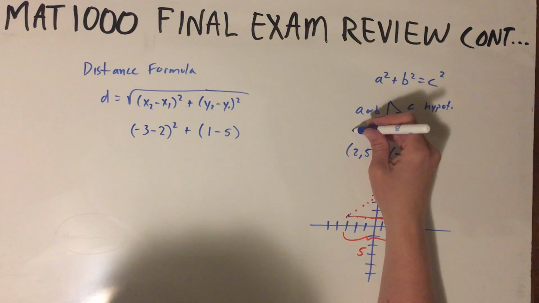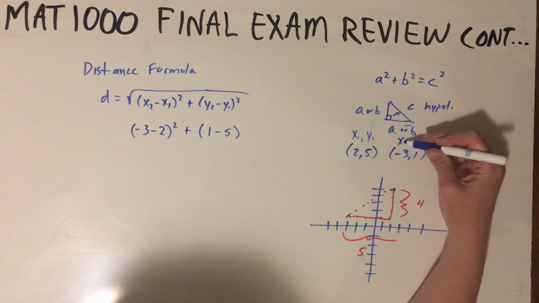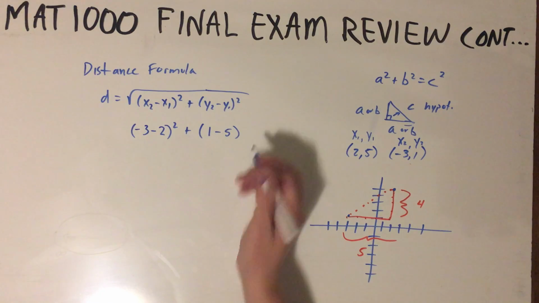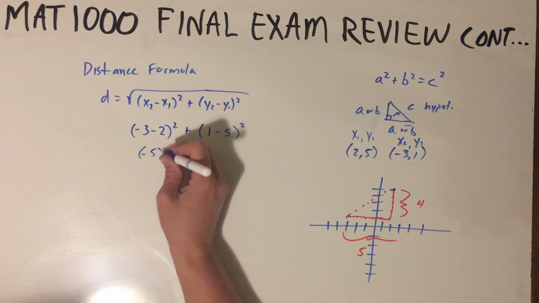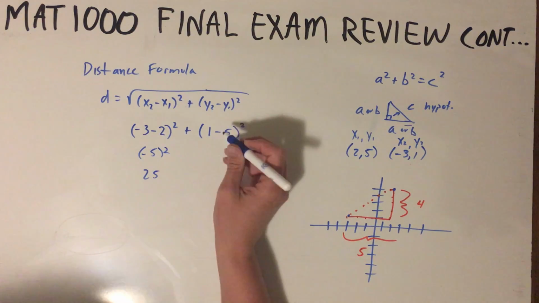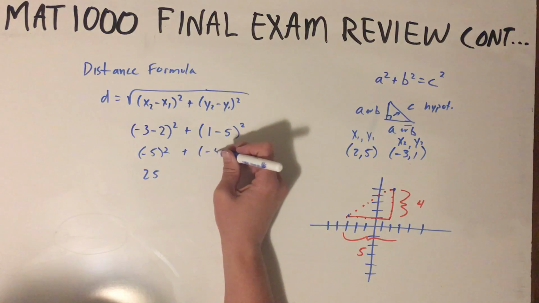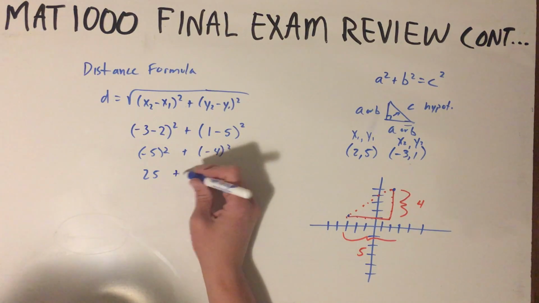Again, I'm just saying this is ordered pair 1 and this is ordered pair 2. That's all this says. So I'm going to get a negative 5 squared here, and negative 5 squared is going to be 25, and a negative 4 squared is going to be 16.